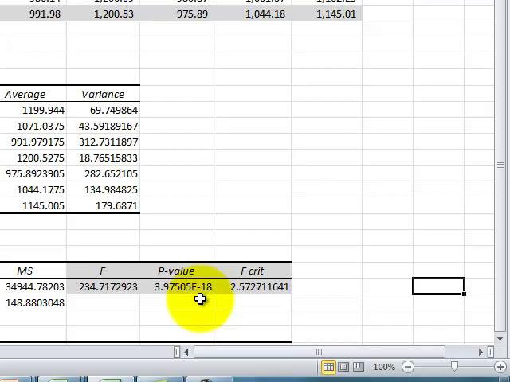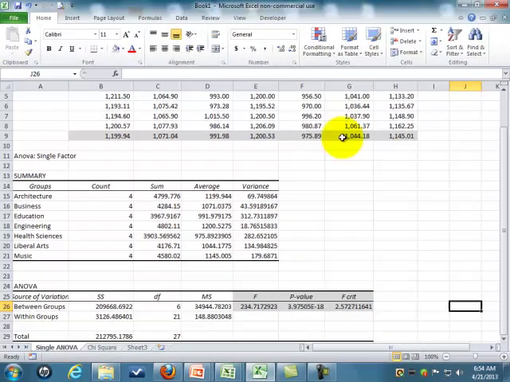So we've got 0.00000, an extremely small p-value, which means, if you remember, the probability of this happening by chance is almost 0. And our critical F is 2.5, so the 234 is way outside that region.